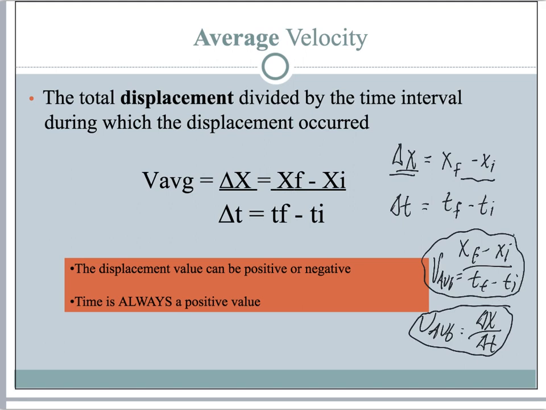And remember, the displacement value can be positive or negative, or east or west, north, south, up, down, left, right. But the time value is always going to be positive, always positive. Time never has a negative value unless you own a time machine.